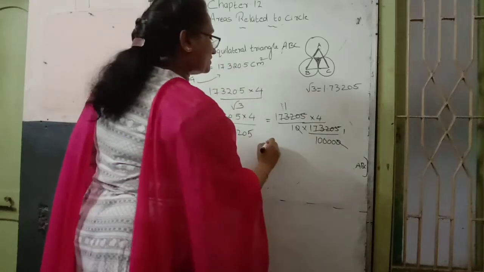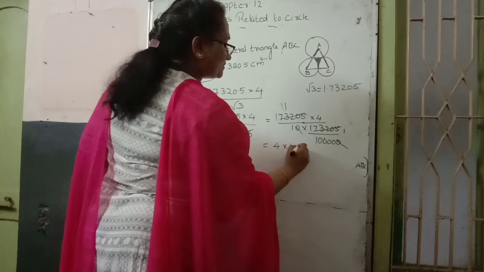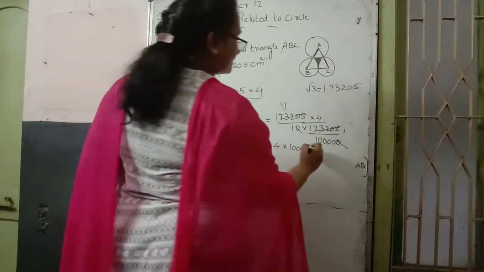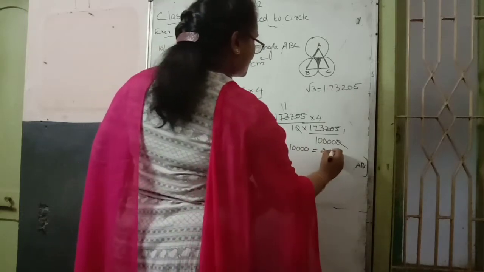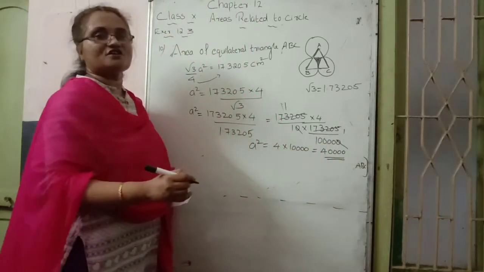That goes to the numerator, where 4 is already there. So 10,000 into 4 will come. So what is the a square value? a square is 40,000.